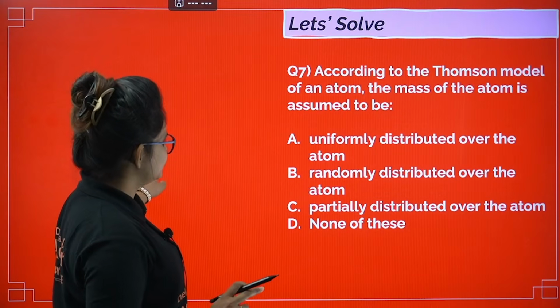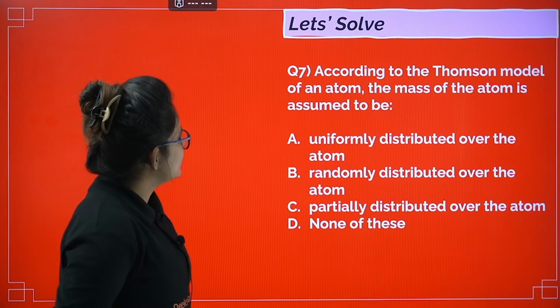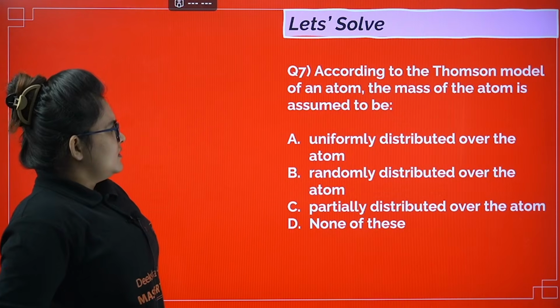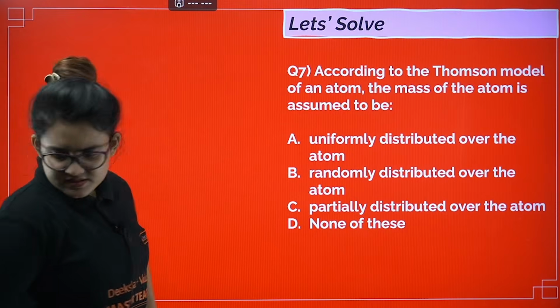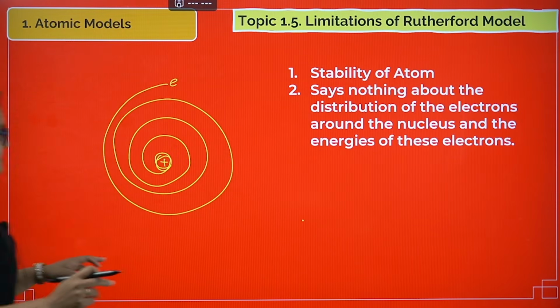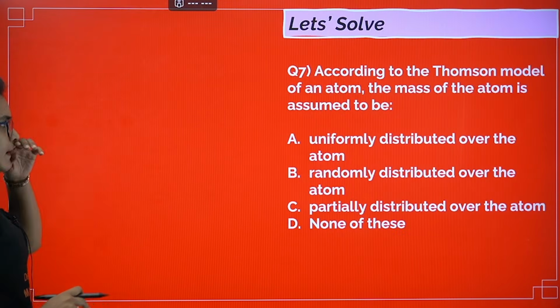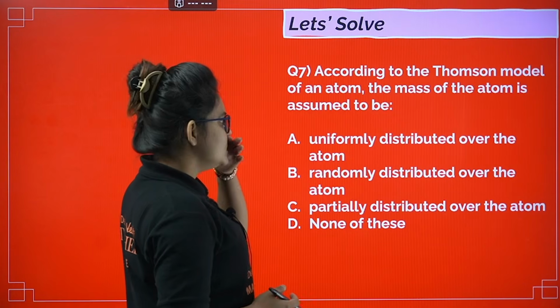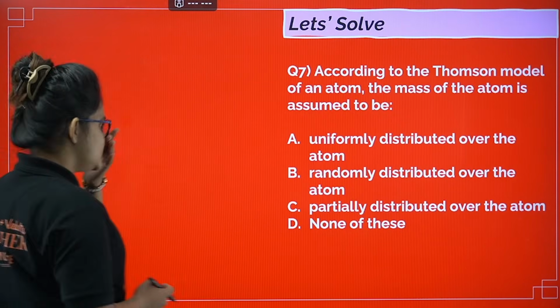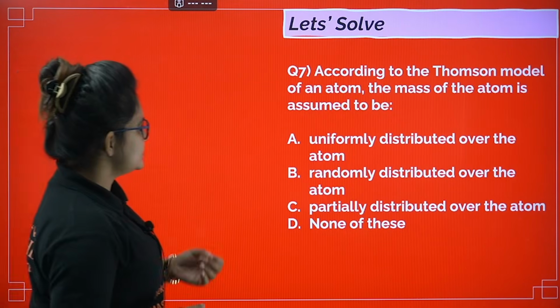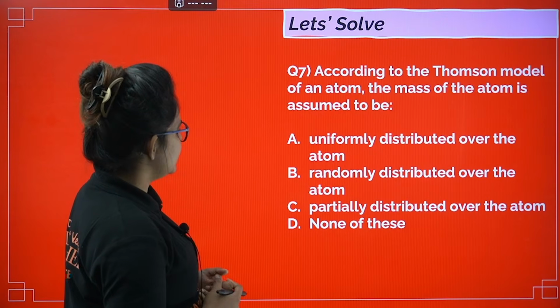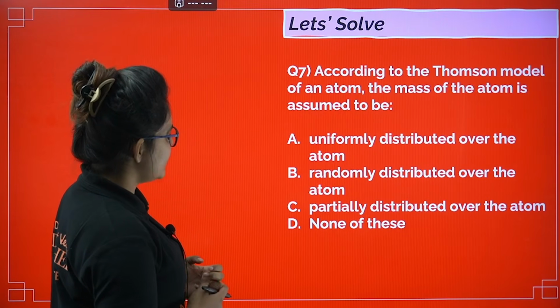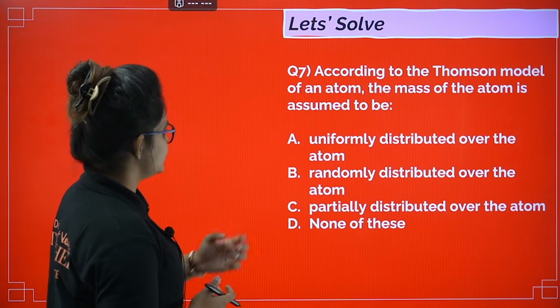Let's proceed. According to the Thomson model of an atom, the mass of the atom is assumed to be: uniformly distributed over the atom, randomly distributed over the atom, partially distributed over the atom, or none of these.